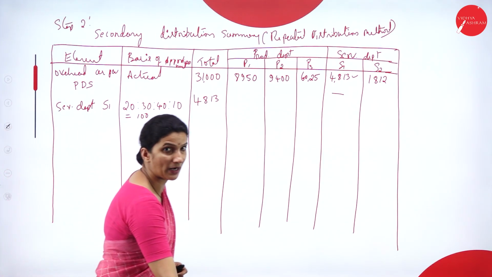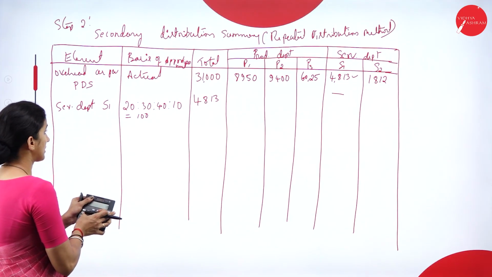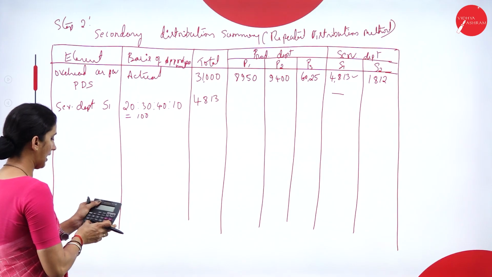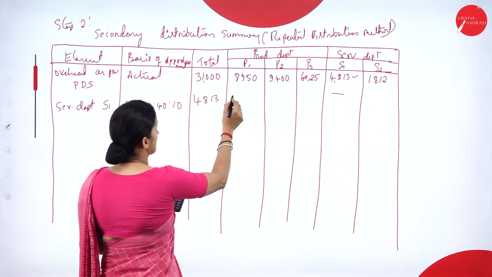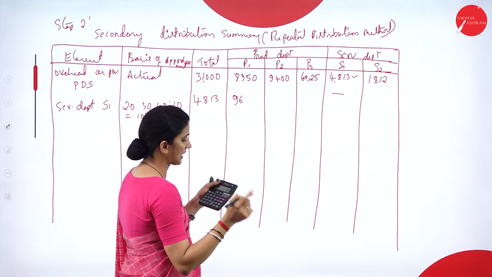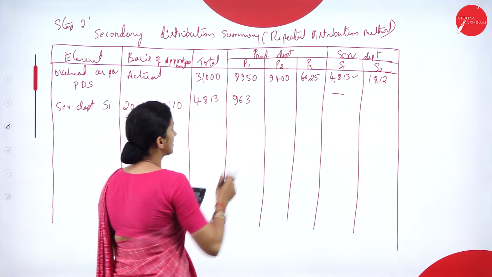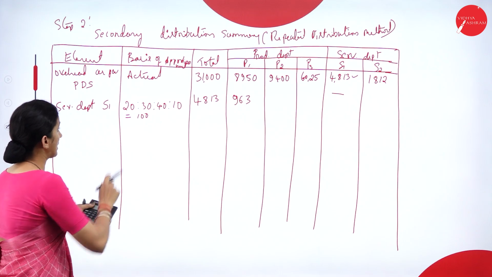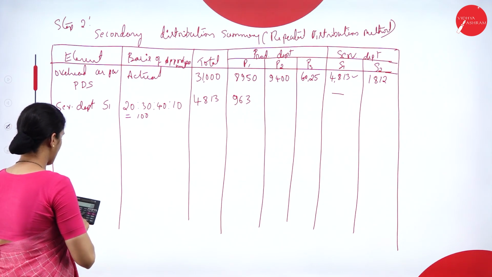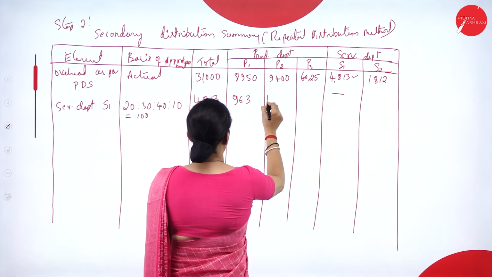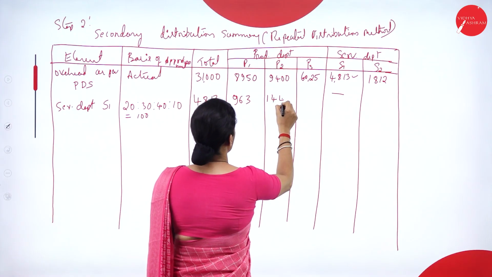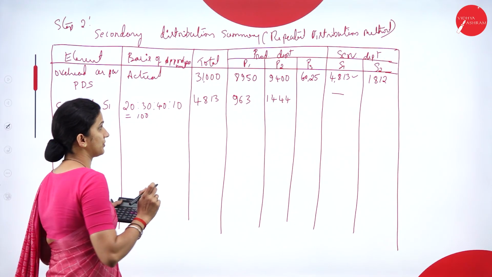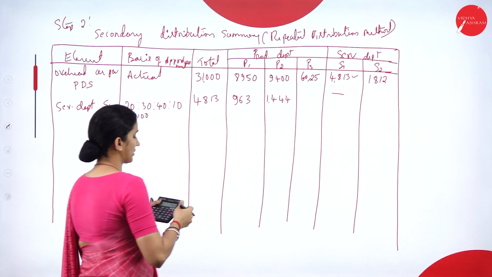The first department: 4,813 into 20 divided by 100 is 962.6, we can round off to 963, that is for P1. Then for P2, 4,813 into 30 divided by 100 is 1,443.9, we can round off to 1,444.